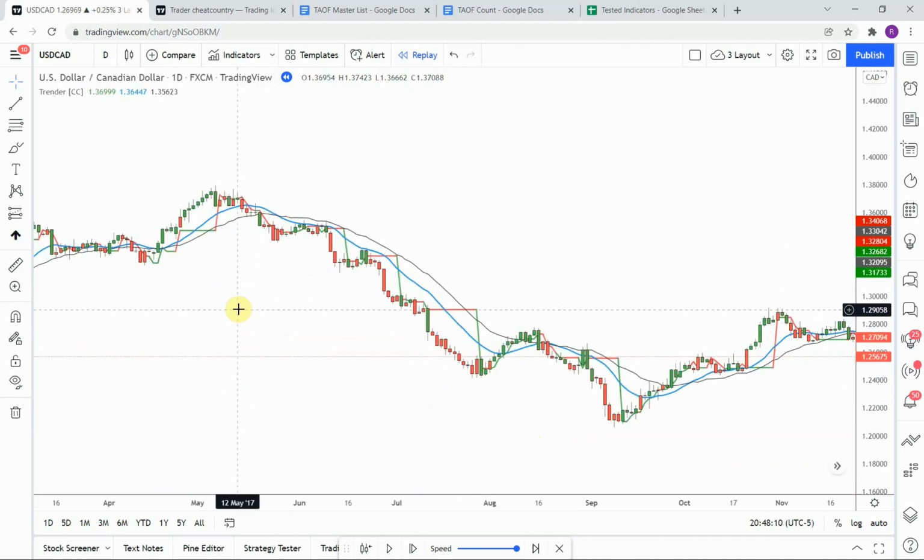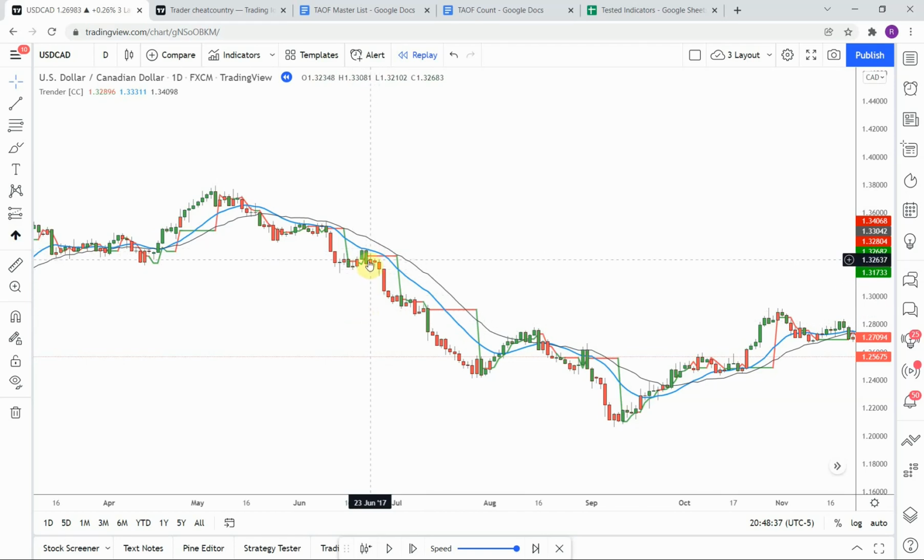And what we are looking for is when price is below that line, then we are in a short-term downtrend. So if we are in a long-term downtrend with the blue line below the black, and we have the price action below the other line here, the short term, then we are going to get a short signal.